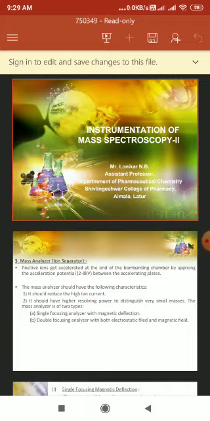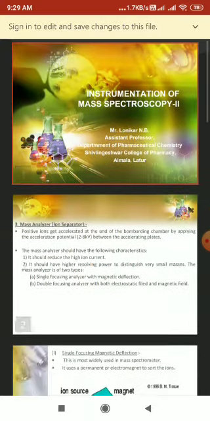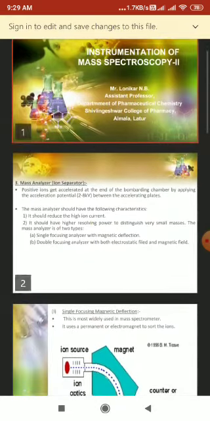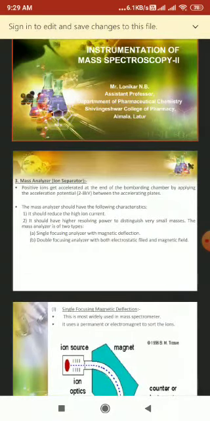Now we have seen the third basic component of instrumentation of mass spectroscopy, which is the mass analyzer, also called the ion separator. Positive ions get accelerated at the end of the bombarding chamber by applying the acceleration potential, that is 2 to 8 kilovolts.